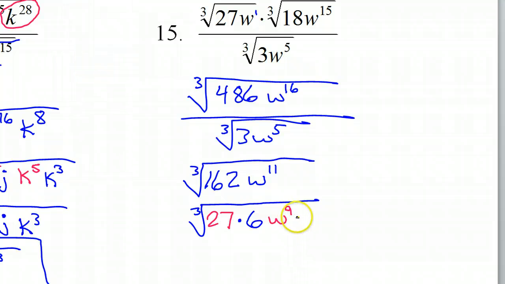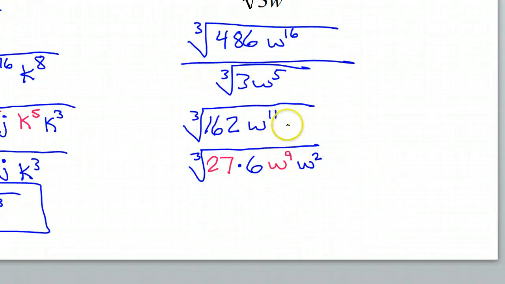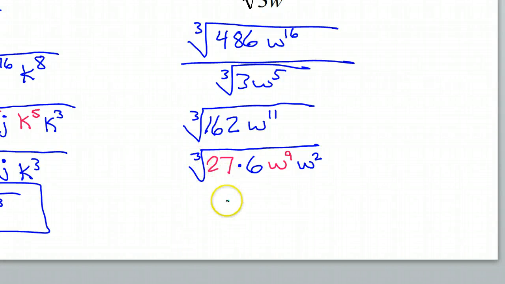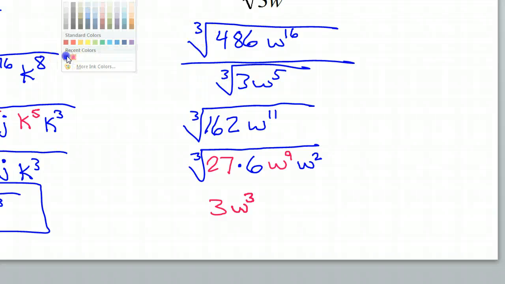And this will leave an extra 2 w's, w squared, to make 11. So everything here in pink will simplify and come out. The cube root of 27 is 3. And the cube root of w to the 9th power is w to the 3rd power. You just divide, 9 divided by 3. Everything here in blue is going to stay like it is.